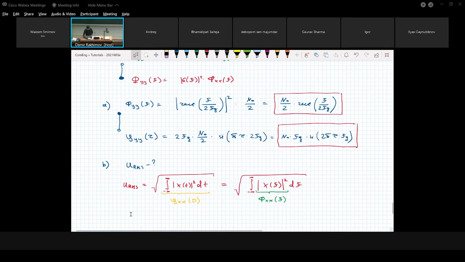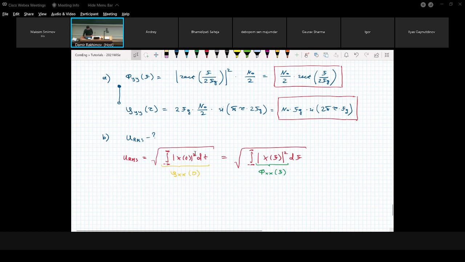We can simply use the first, because it's the autocorrelation at the zero point, and we already know what the autocorrelation is. Even if you would use the power spectrum density, you can easily calculate this integral because you have a rectangular window.